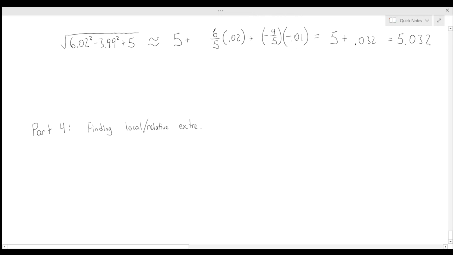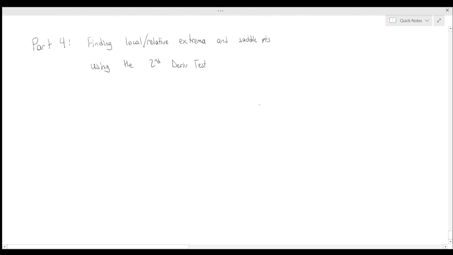So part 5 was about finding local extrema or relative extrema and saddle points by using the second derivative test. All right.